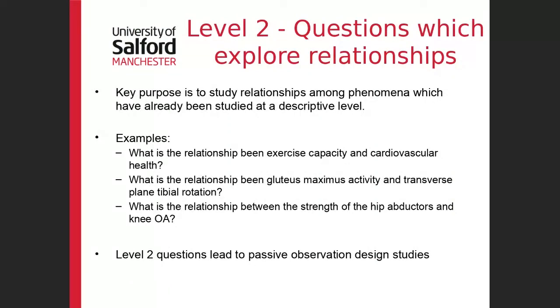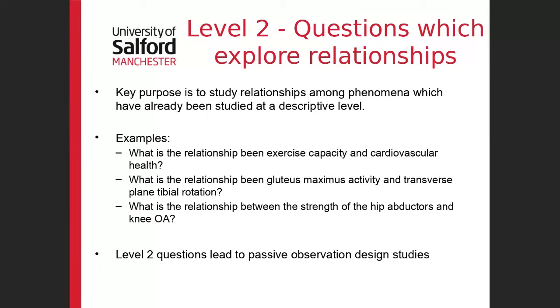Level 2 questions, we are trying to study relationships. And we're typically doing this where we've already carried out a level 1 study to understand whether this is an important topic to look at. So some examples there from some of the research that I've been involved in. What's the relationship between exercise capacity and cardiovascular health?